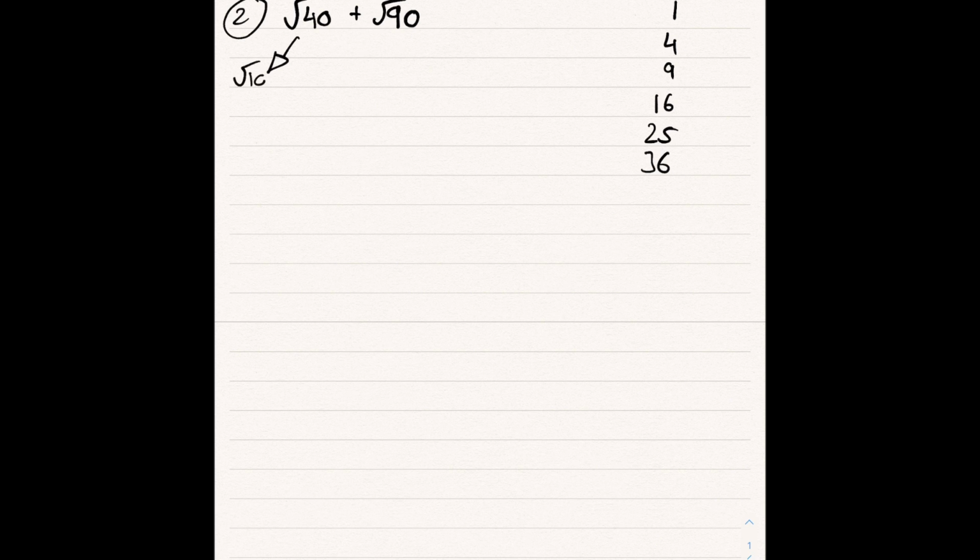So we have square root of 10 times square root of 4 plus square root of 10 again times the square root of 9. Now square root of 10 is just square root of 10, whereas the square root of 4 is 2, so you can write 2 square root of 10.